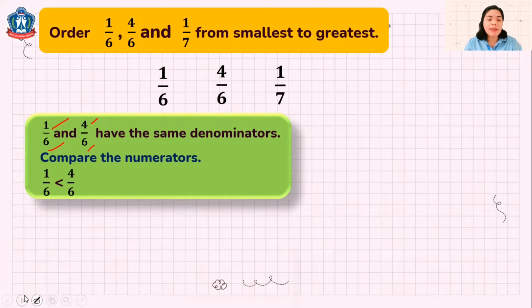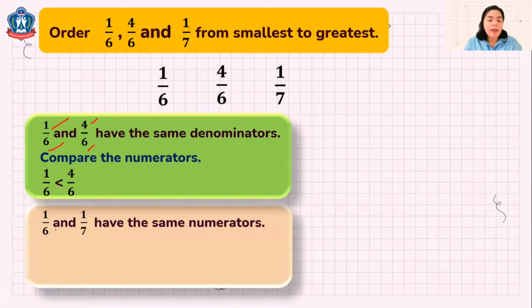Okay. Now let's compare the 1/6 and 1/7 because they have the same numerators. So let's compare only the denominators. Remember our rule that if the denominator is greater, it has a smaller value. If the denominator is smaller, it has a greater value.